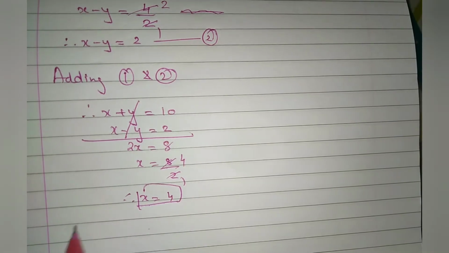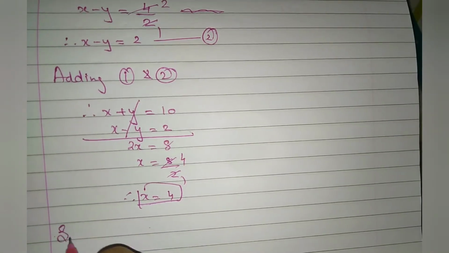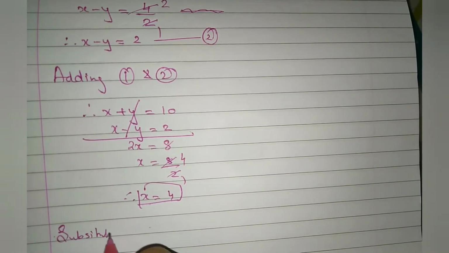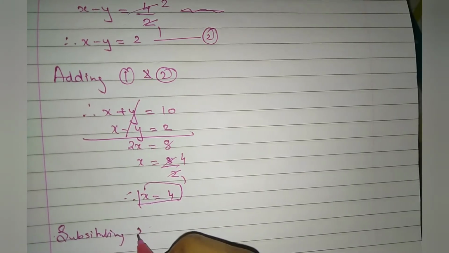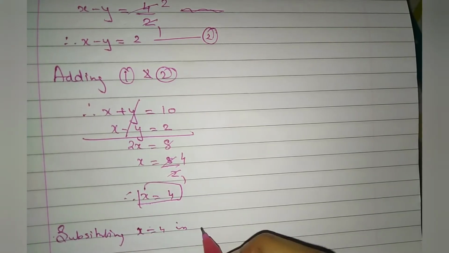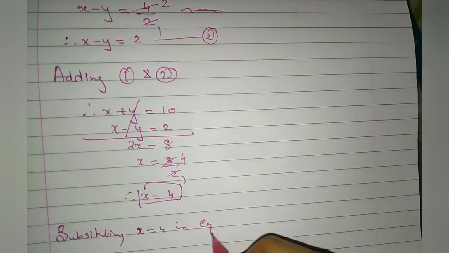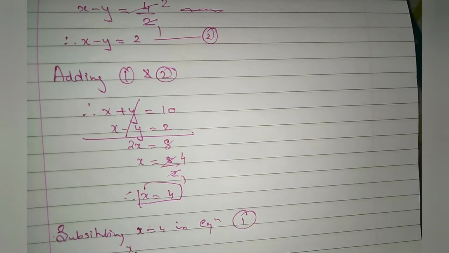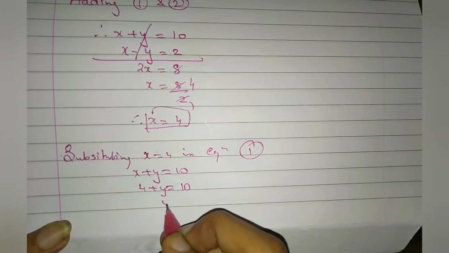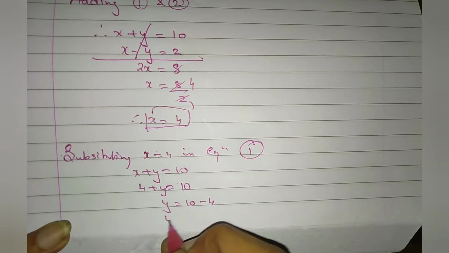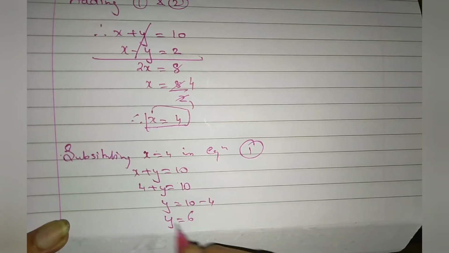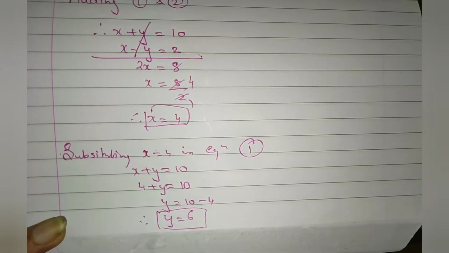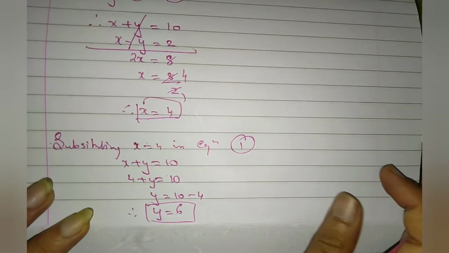Now we have to find the value of y, so substituting x equals 4 in equation 1, x plus y equals 10, 4 plus y equals 10, so y equals 10 minus 4, so y equals 6. So x and y we got the values.